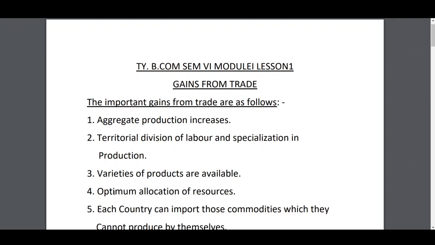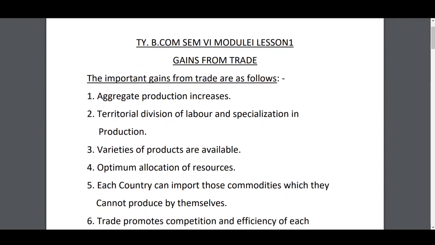Fourth, gain, optimum allocation of resources. Optimum allocation means neither minimum nor maximum. Okay, that is optimum allocation of resources.